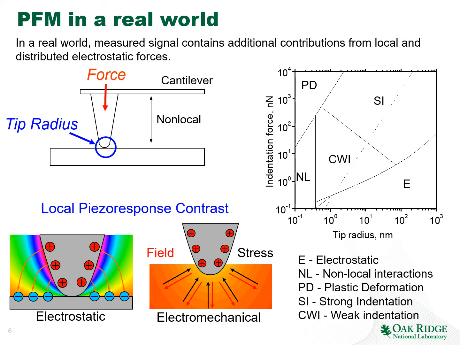In fact, if we quantify these different interactions and their magnitude as the function of tip radius and the indentation force, we can derive this reasonably complex map that shows what regimes of interactions are possible. So, for example, in the regime when the tip radius is relatively large, but the indentation force is small, our interaction is going to be controlled by the pure electrostatics.